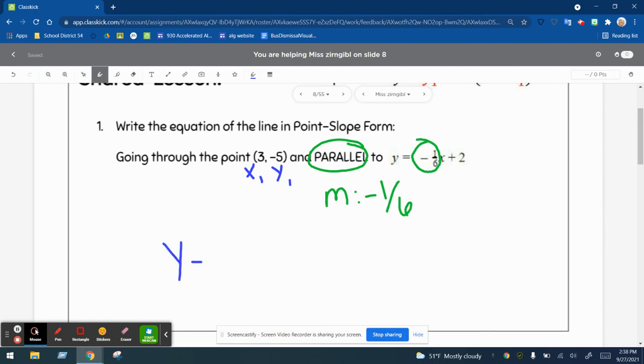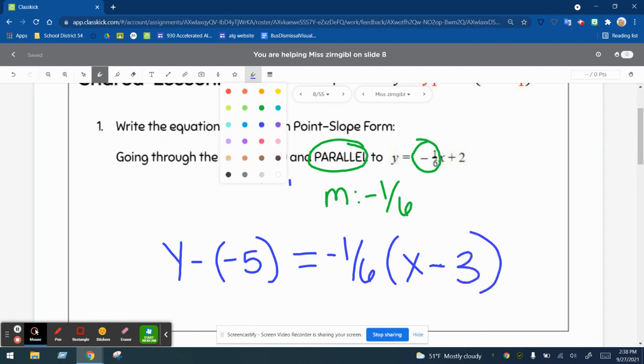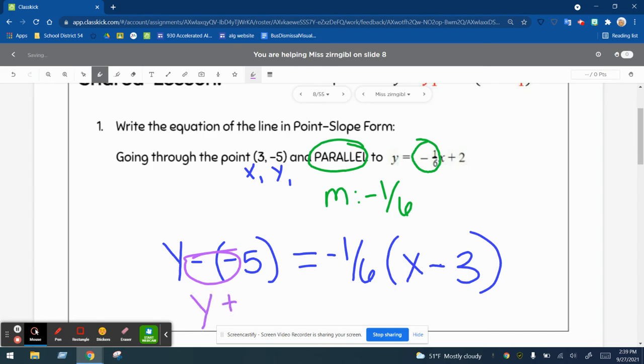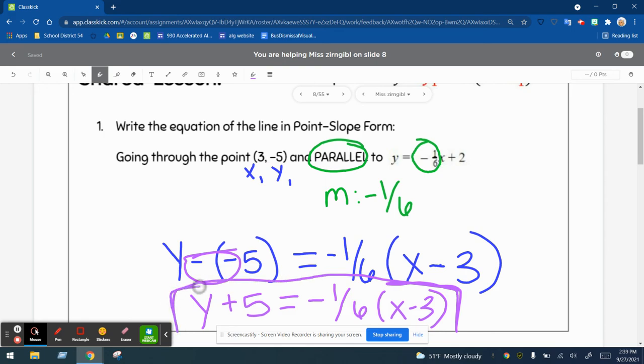Y minus y1, which was negative 5, equals m, negative 1 over 6, times x minus x1, which in this case is 3. There is one thing I have to change before I can be done, which is this minus a negative. So it should be y plus 5 is equal to negative 1 over 6 times x minus 3. And if you're okay with adding that addition in from the start instead of rewriting it twice, by all means, go for it. I'm just going to continue to show it so we do not forget.